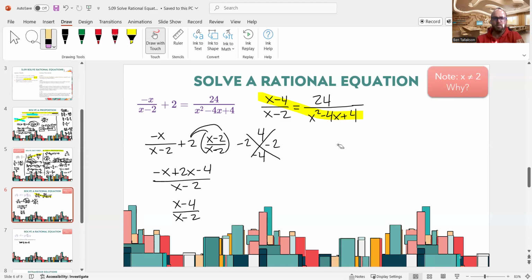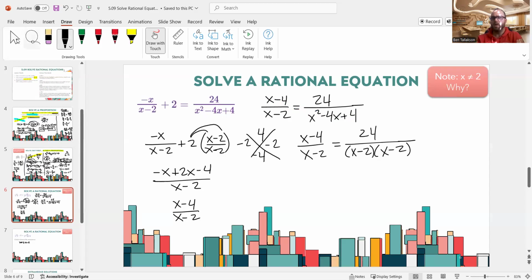So let's go back to this. And let's just show this again. I have this fraction over this. And we'd already factored this quadratic, didn't we?